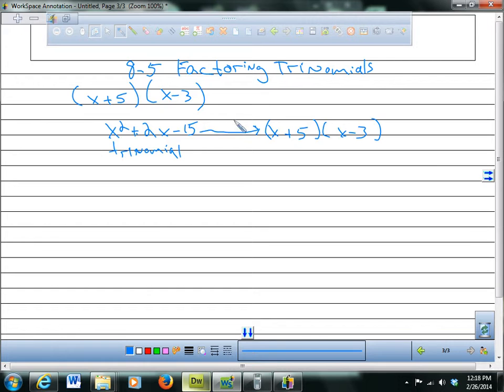So factoring is when you go backwards of multiplying. The reason you would want to learn how to factor is that these types of equations, called quadratic equations, come up a whole lot in real life, okay? And that's the way you solve them.